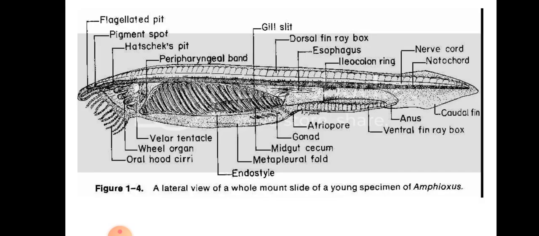Now behind this, the vestibule is closed by a circular ring-like vertical membrane called the velum, which is perforated by a central circular aperture called the enterostome.